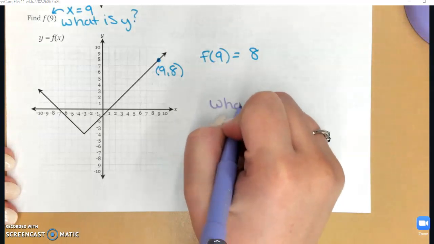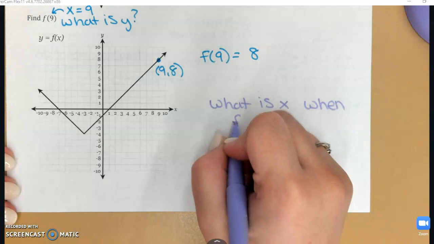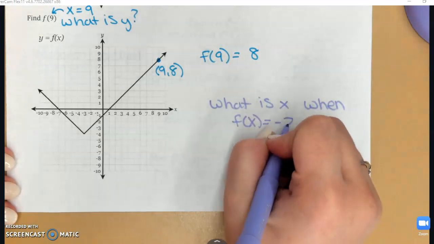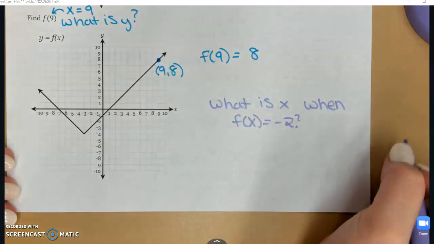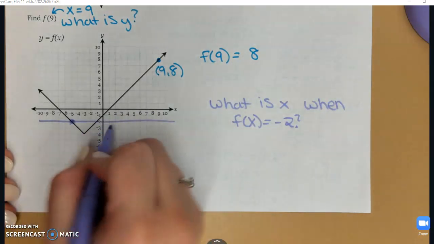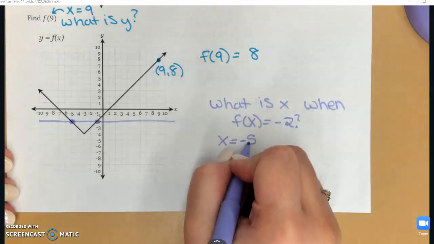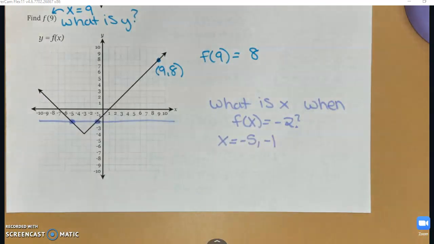What is x when f of x equals -2? So I'm going to look where y is -2. And again, this is happening in more than one place. And those two x values are -5 and -1.